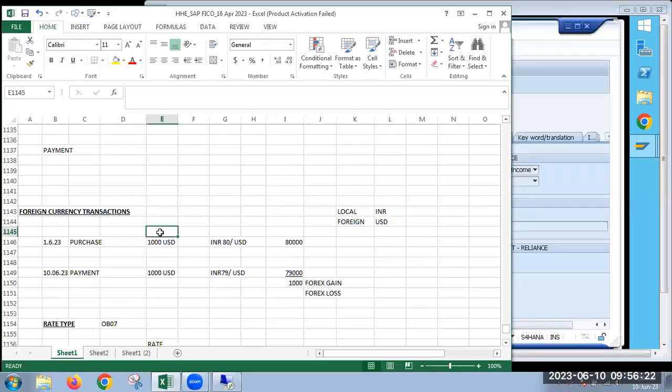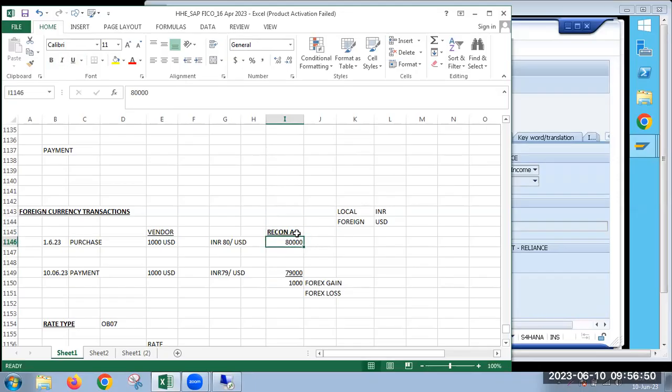See, in the vendor account, we have the transaction of 1,000 rupees as the payable balance, and when we pay, the vendor will be cleared. So the same transaction we will consider at the reconciliation account level. In the reconciliation account, we can see 80,000 rupees as a payable balance and 79,000 we pay.